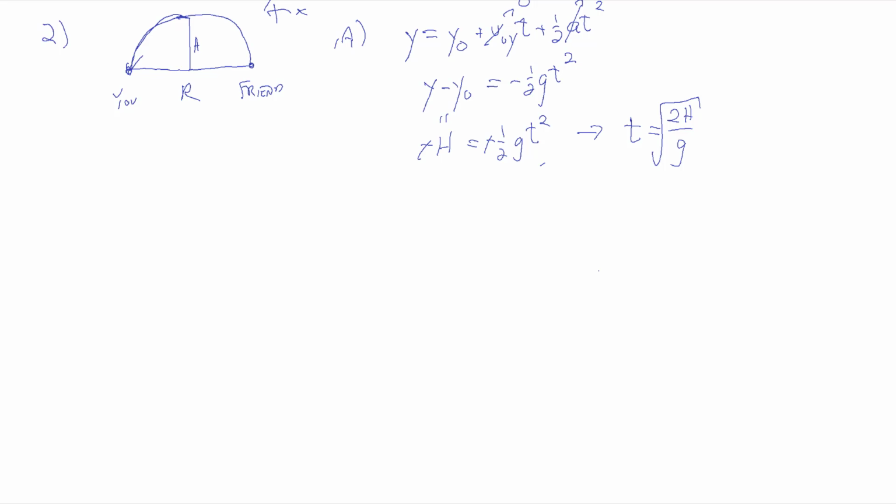That's the time for half of the motion in the air, so what we really need is twice that for the throw up and the throw down. So the time that the ball is in the air is 2 times the square root of 2h over g.